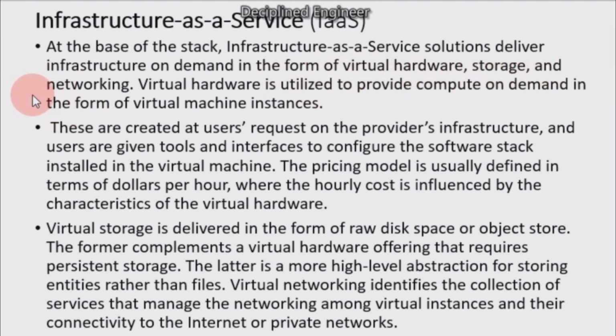So here we are talking about virtual machines, storage, and networking on the infrastructure of the service provider. IaaS comes at the base of the stack, and as the name suggests, it serves infrastructure as a service to the consumers, providing computing, storage, load balancing, and networking services.